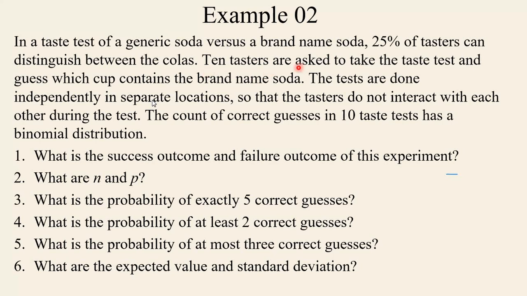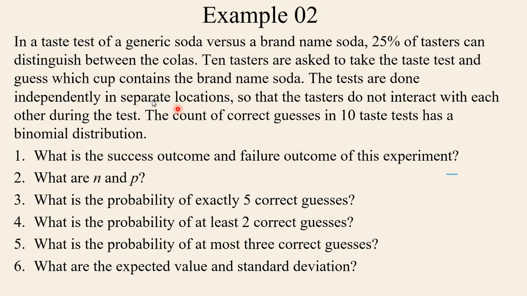So there are n fixed number of trials, identifying the correct one or not identifying the correct one. Those are the 2 outcomes. Identifying the correct branded soda is 25%, 0.25. This is the probability of success. These tests are done independently in separate locations, so each tester will not influence the other one.